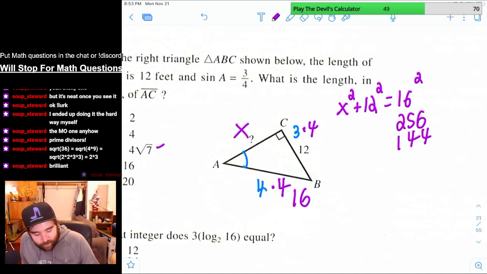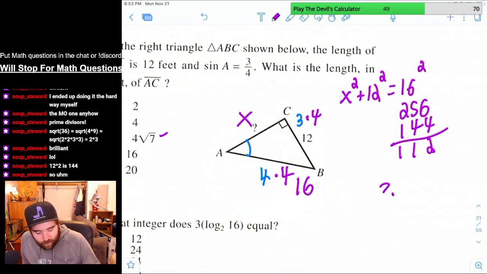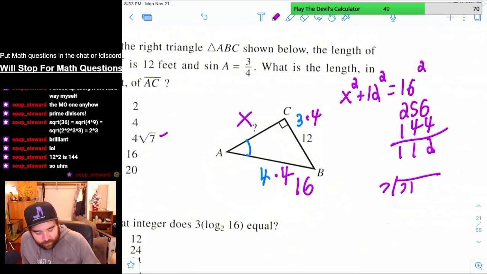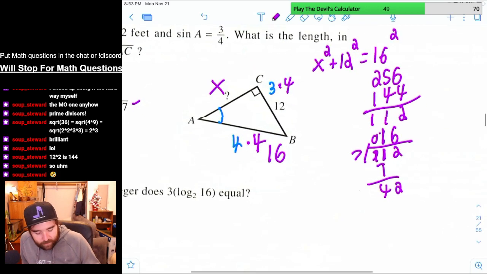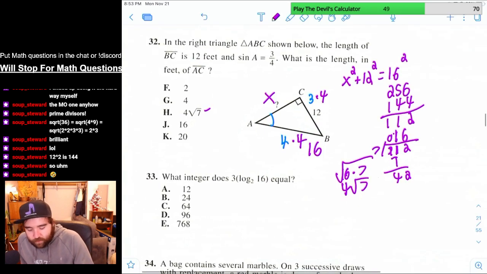So you subtract those. You could also do this in your calculator, I guess. You get 112. And then what's 112 divided by 7? Just because that's what the answer is. 112 is 16 times 7. So the square root of that is 4 root 7.